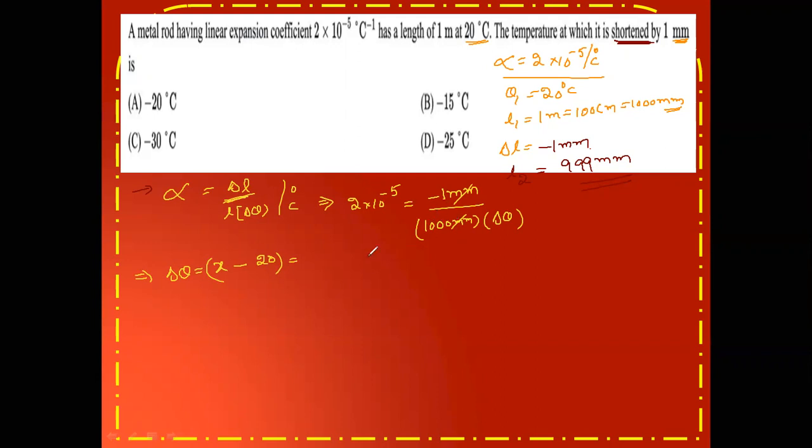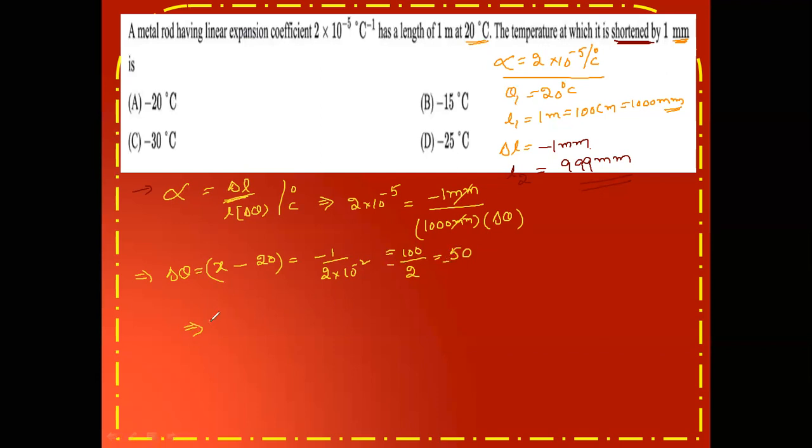If you do this, you will get minus 1 by 2 into 1000. This is 10 cube, so 10 power minus 2. So you get 100 upon 2, which is equal to 50. Is it minus 50 or plus 50? It is minus 50.